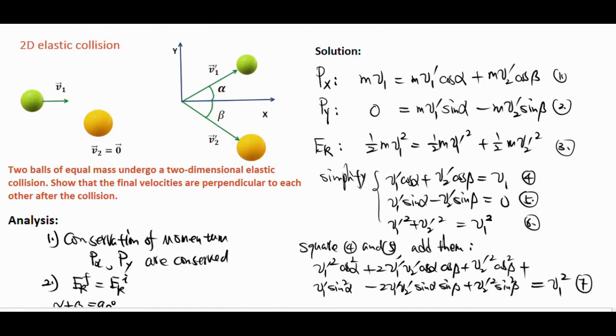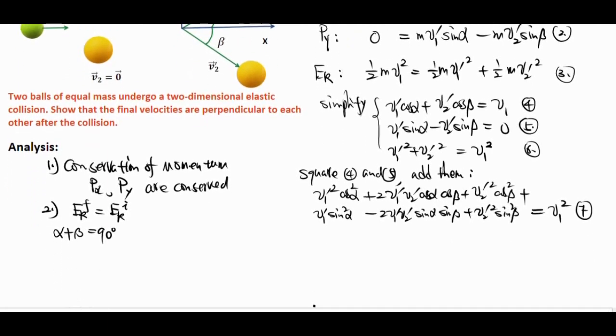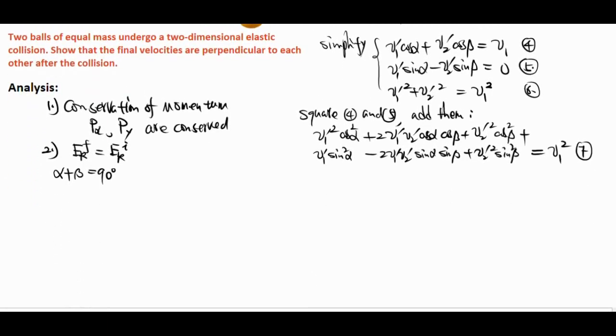So v1 square should be equal to v1 prime square plus v2 prime square. But the left side of our equation can also be simplified. You do the sum top down. The sum of these two terms will be just v1 prime square.